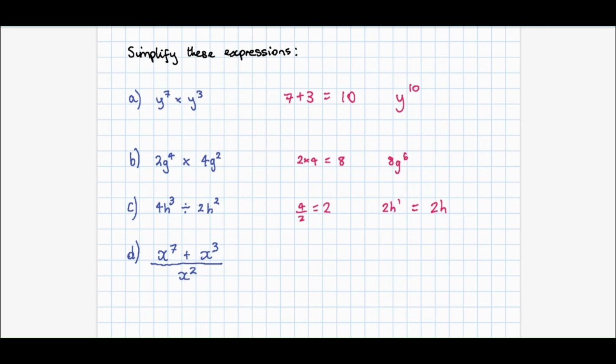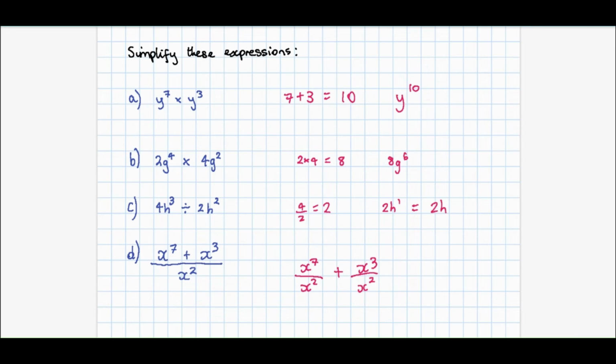Now for the next one, we've got x to the power of 7 plus x to the power of 3 all over x to the power of 2. So the best way to do this is actually split these up into two fractions. So if we do x to the power of 7 over x to the power of 2, and then plus x to the power of 3 over x to the power of 2, then we can actually now simplify this out.